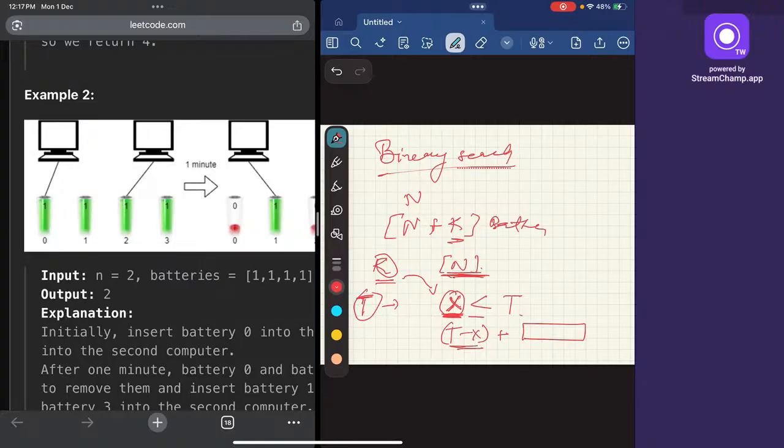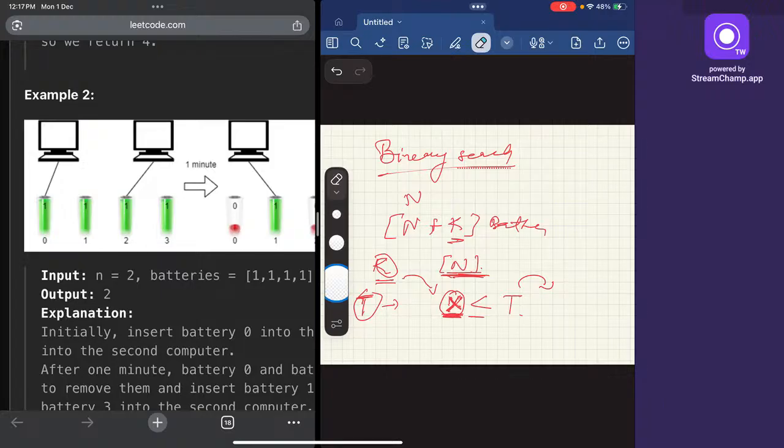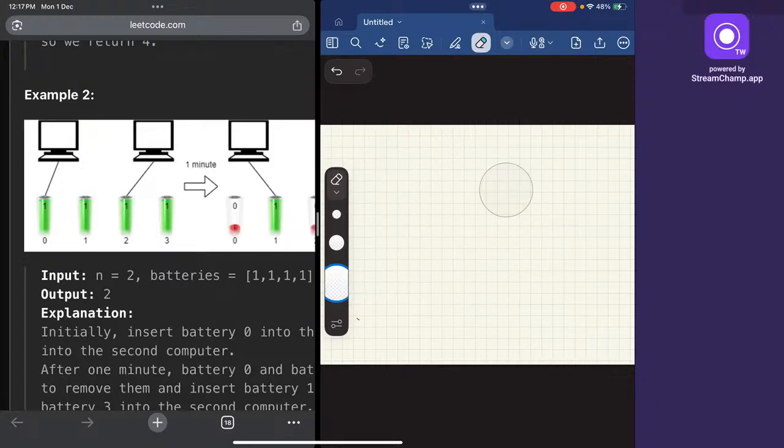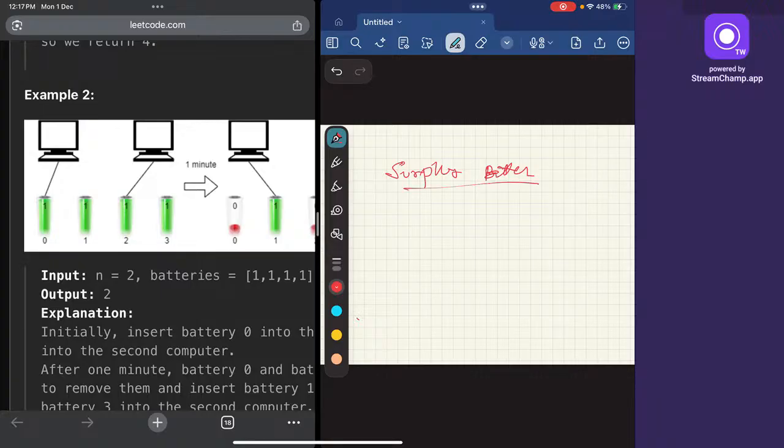Now we make sure that battery x runs for t time, and we need to make sure the other batteries also run at least t time. We will treat all the surplus batteries by mapping them to cells of 1 unit.